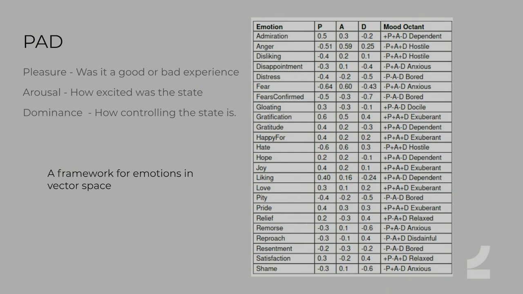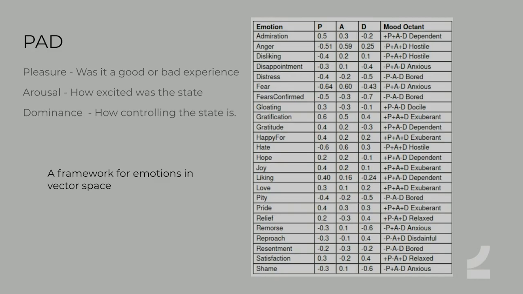This is my worst slide. So on the mood side, we have a model called PAD. PAD stands for pleasure, arousal, and dominance. That is a framework for modeling emotions in a vector space, where pleasure represents whether it was a good or bad experience.